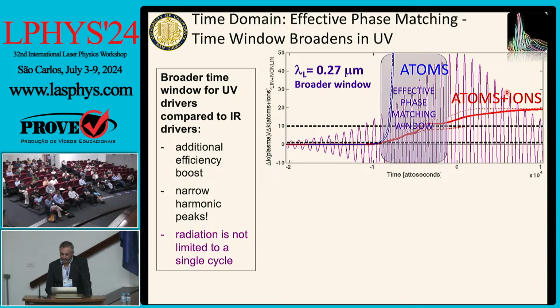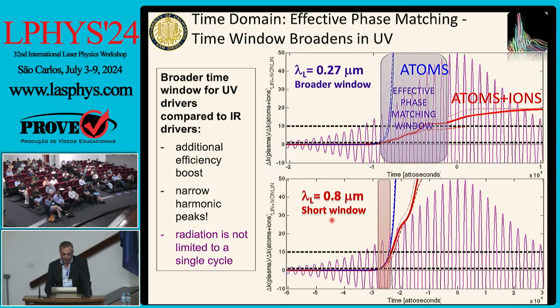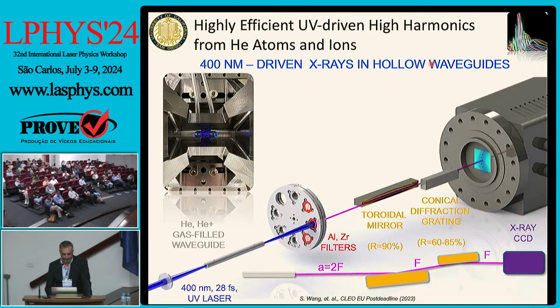This is due to the fact that indices of refraction of ions are also helping us. This is not the case when we use infrared lasers. The temporal phase matching window is relatively narrow. So if we want to observe a phenomenon related to multiple cycles, in other words, thermal ionization of electrons over adjacent cycles, we would prefer to use the ultraviolet driven regime.